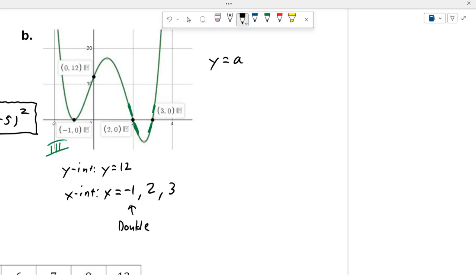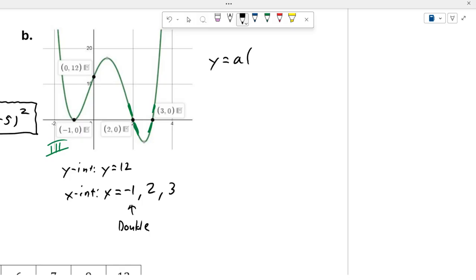If A is 1, then there is no vertical stretch and you don't really need to write the 1. But I'm going to write the A there right now, and then I'm going to take all of my x-intercepts and express them in factored form.